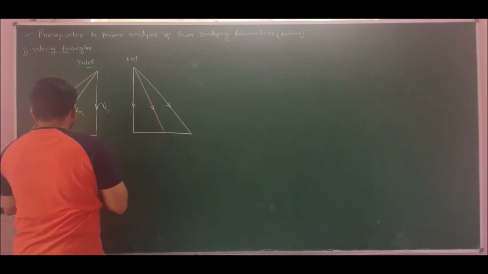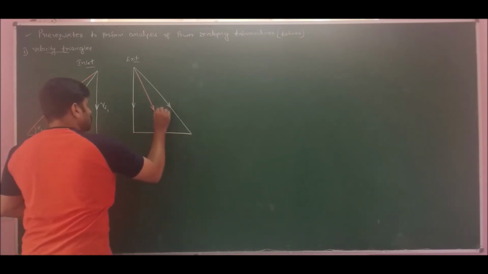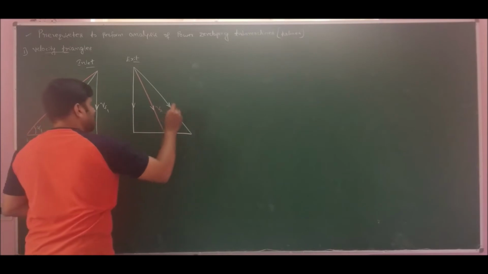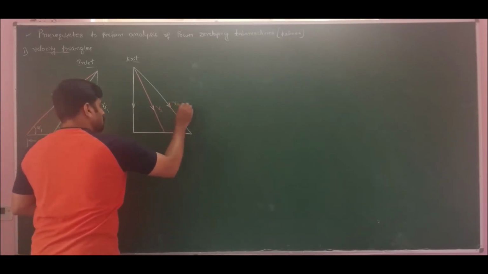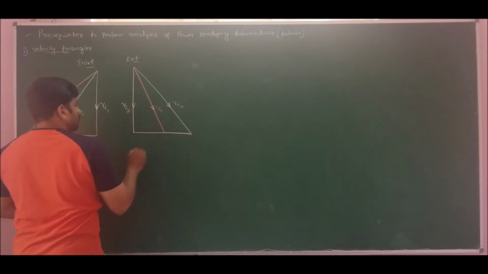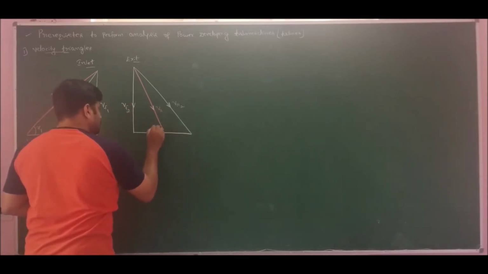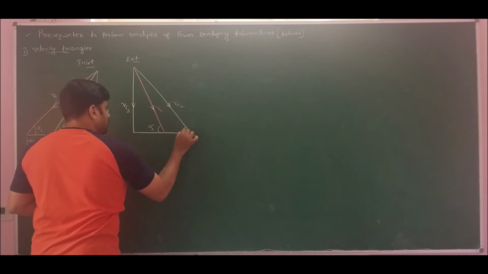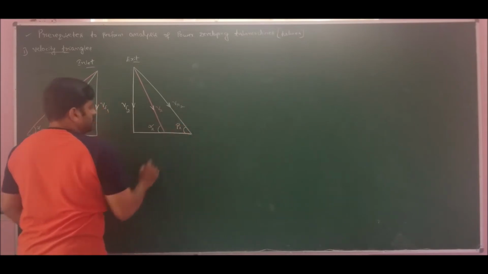Now we have V2, VR2 and VF2. Angle made by absolute velocity is alpha 2, angle made by relative velocity is blade angle beta 2.